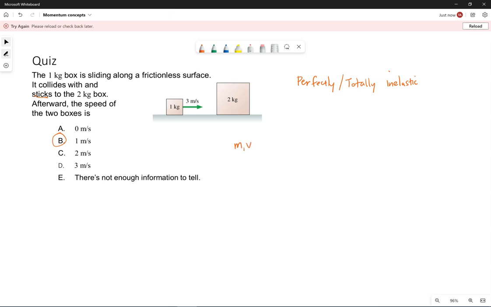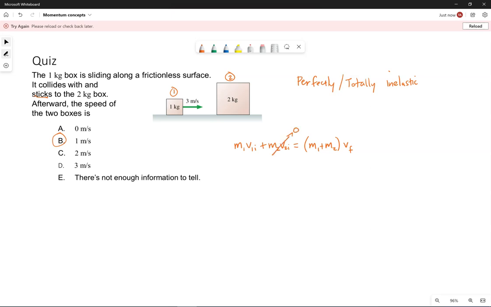So if we account for the momentum of box 1 right immediately before the collision happens, and the momentum of box 2 at the same moment before the collision happens, that has to still be momentum within the system. Because they stick together, they have the same final velocity. So we can just combine their masses and calculate that final velocity.